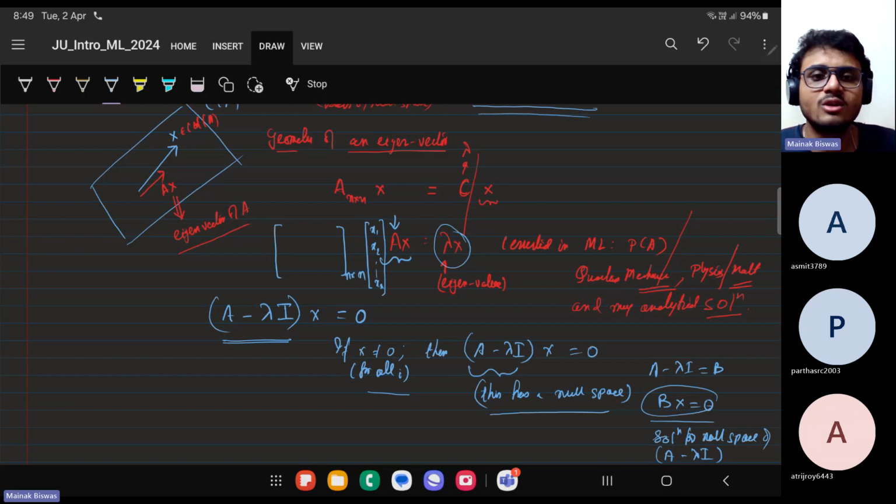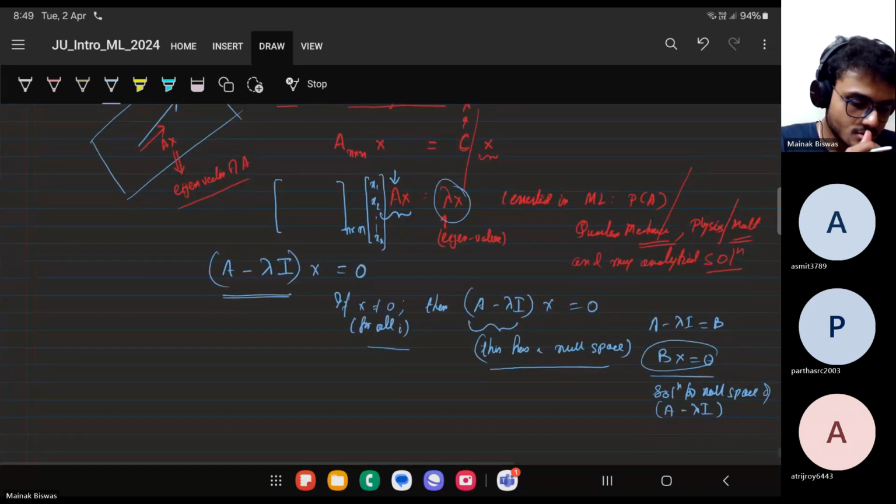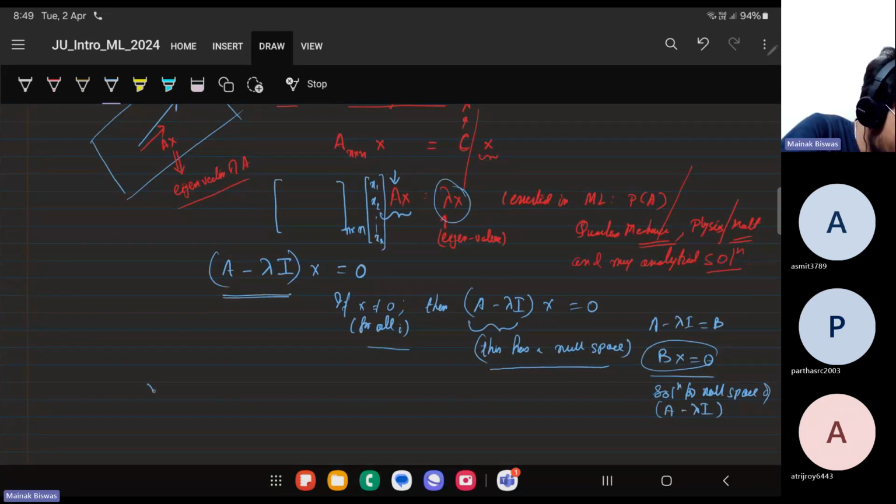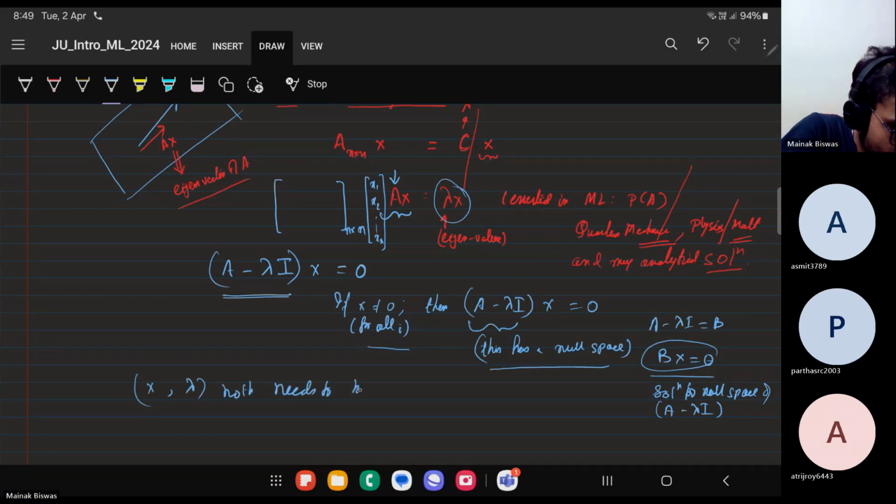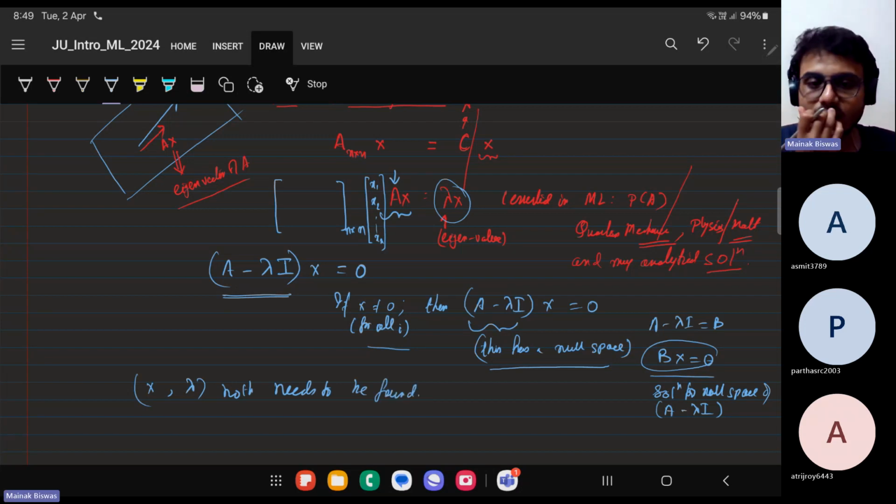But there are two things you need to find, that is both x and lambda. Both need to be found, because we don't know what the value of lambda is. How do you find lambda and how do you find x?